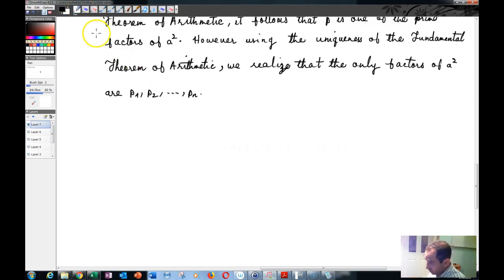So now let's see what we have here. The only factors of a squared are p1, p2, all the way up to p of n.